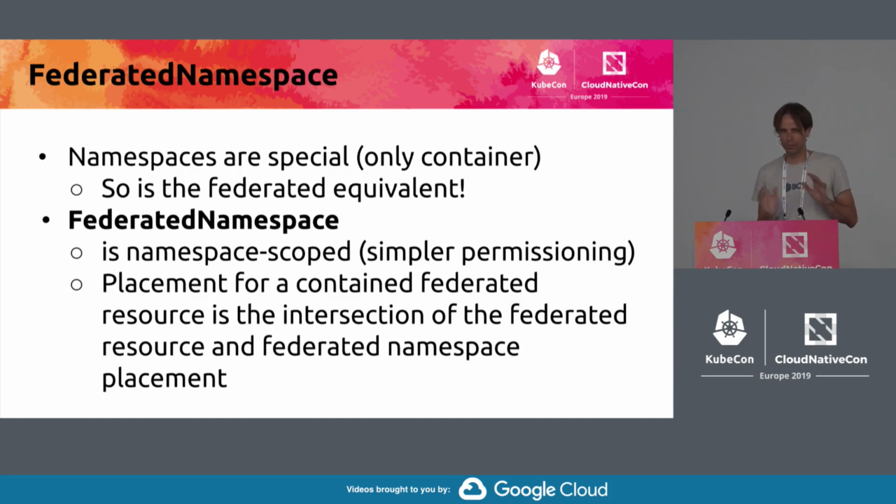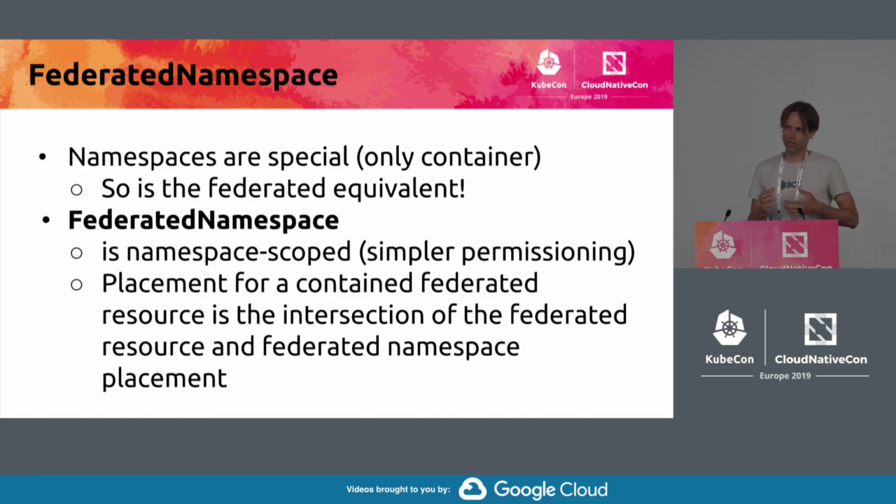So there's a couple different ways you could use this. You could define a selector that selected all clusters, in which case each resource could define whatever placement it wanted, and it wouldn't actually be constrained by where the namespace went, because the namespace is going to be everywhere.